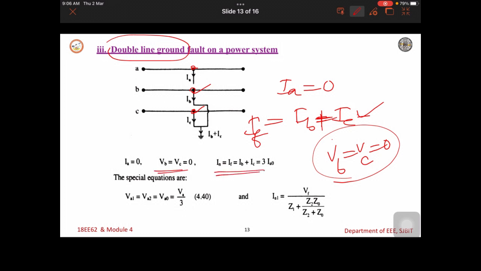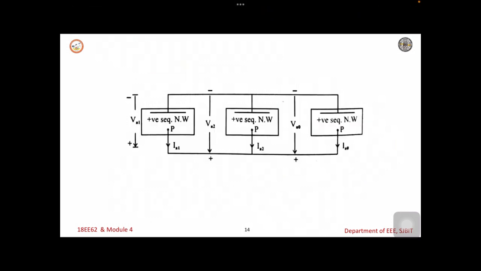Therefore, it is observed from the previous derivation that the fault current IB plus IC is equal to 3 times IA0, and this derivation is known from the beginning of the session. So here all the 3 sequence networks are connected in parallel. Why? Because their voltages are the same. See here the sequence network: positive sequence network, negative sequence network and zero sequence network.